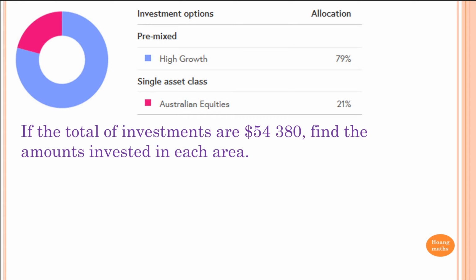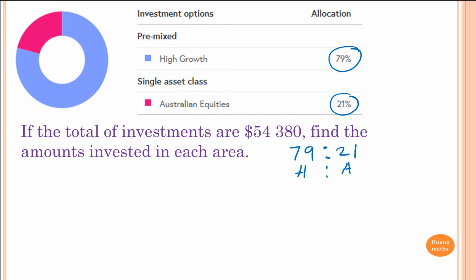So if you look at this, high growth is 79, and Australian equity is 21. So we can write it in ratio form. So this is 79 to 21, high growth and Australian equity. We can write it like that.